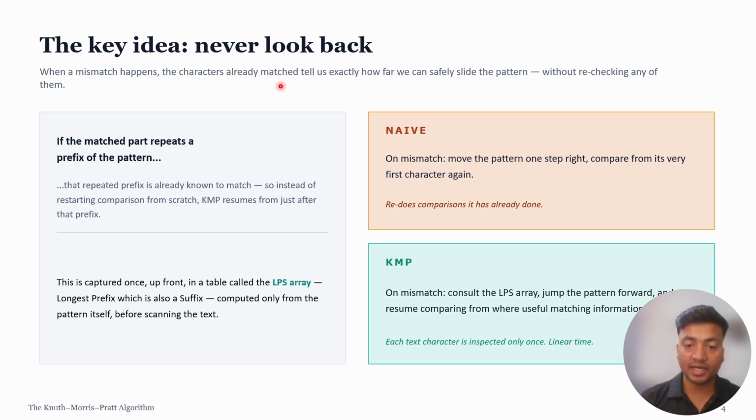Using the LPS array, the algorithm knows exactly how far to move the pattern without checking the same characters again. This makes the search much faster because every text character is processed only once. So let us continue from my next slide.